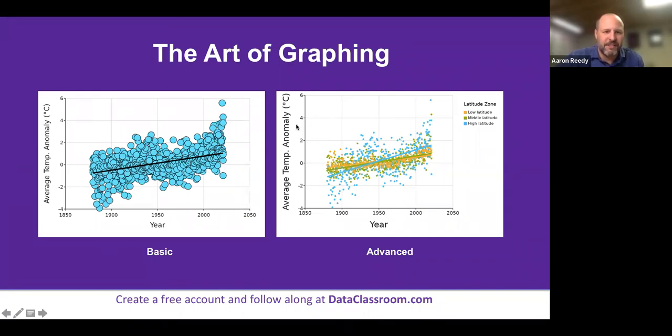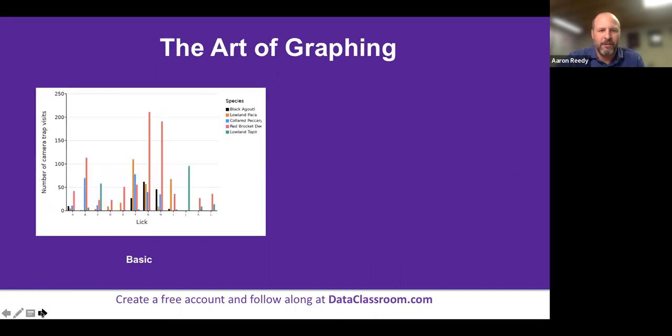Okay, so this is example basic, and then a more advanced graph. Let's walk through another one here. So this one is from a data set in the DataClassroom resource library that's called Snapshot of Biodiversity.